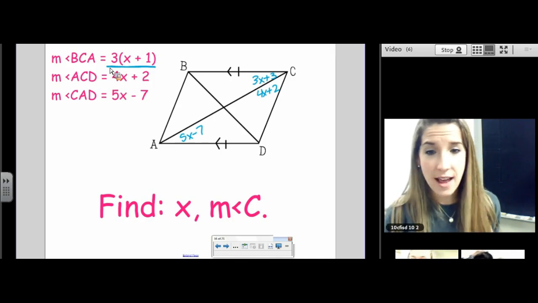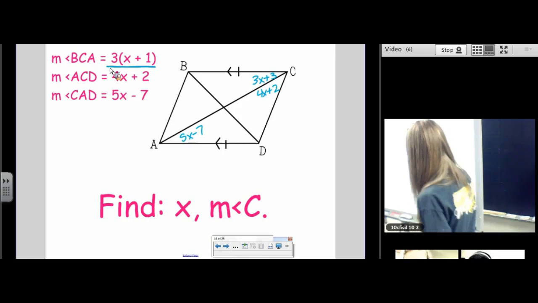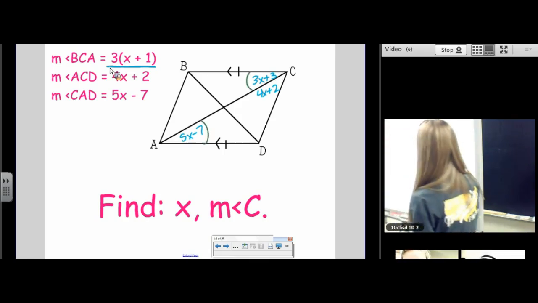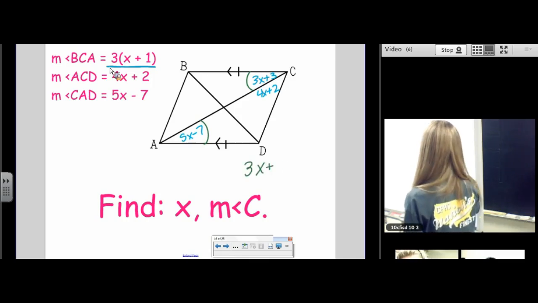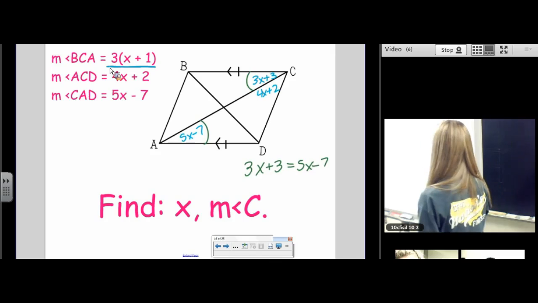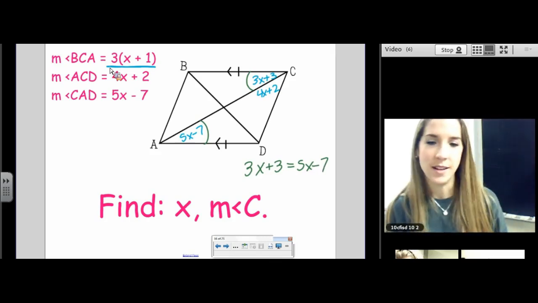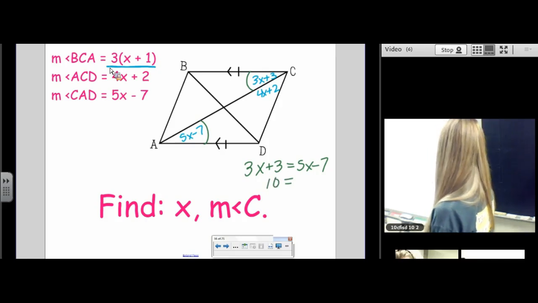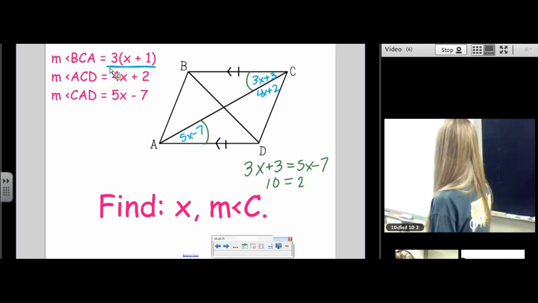It is a plain old parallelogram. So I cannot set 3x plus 3 equal to 4x plus 2. I can set this angle equal to this angle, though, because of alternate interior angles. So 3x plus 3 equals 5x minus 7. And now we've done the toughest part. The rest is just algebra. So what do we have? 10 equals 2x.